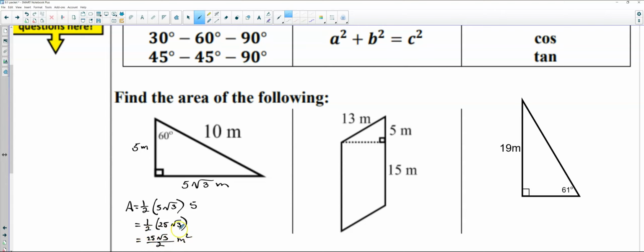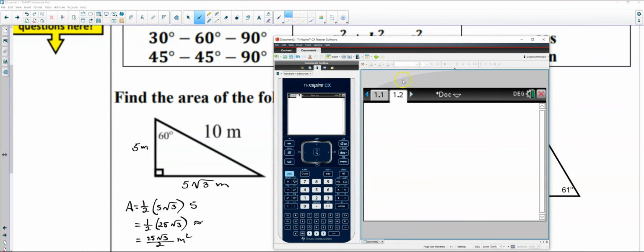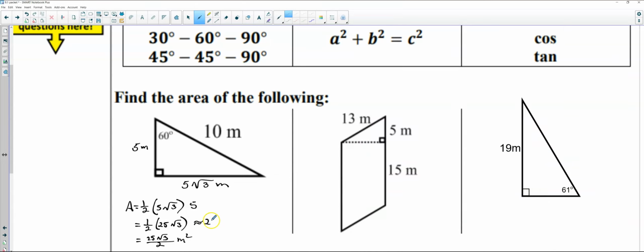If you wanted it approximate, you could just go to the calculator and put 1/2 or 0.5 times 25 square root of 3. Enter. And that gives you approximately 21.7, or 21 and 7/10 square meters.